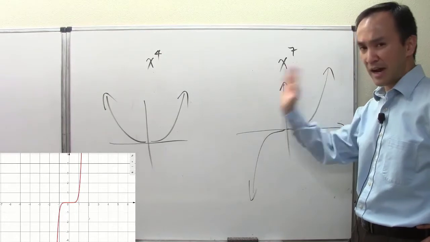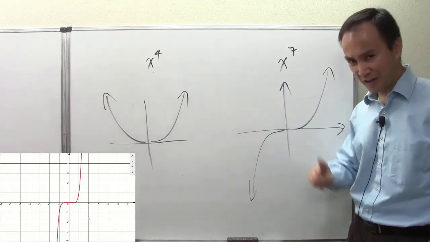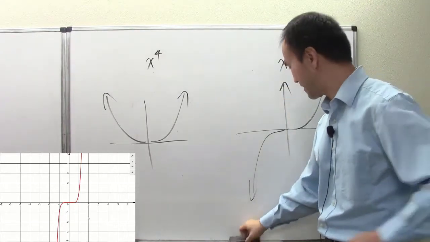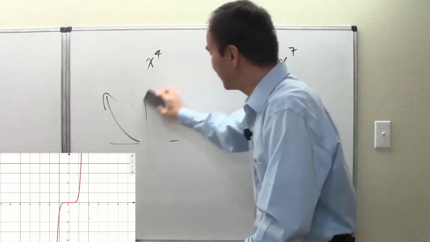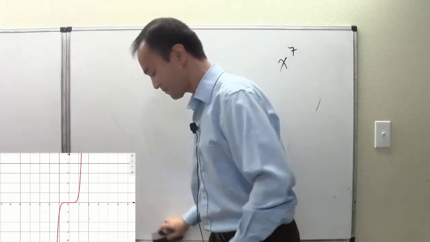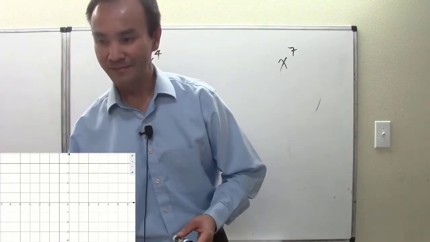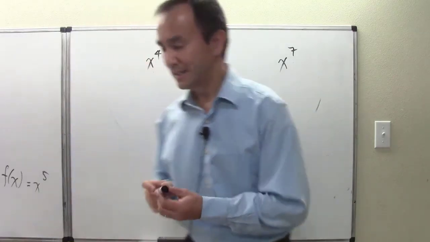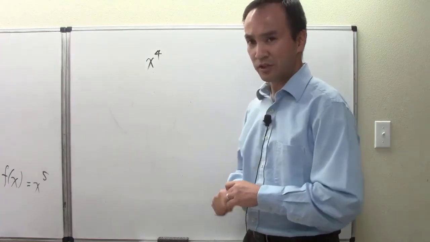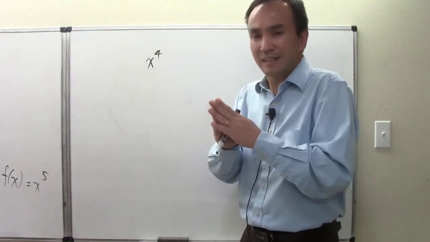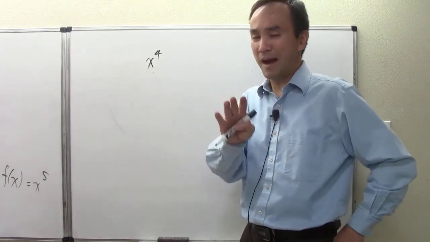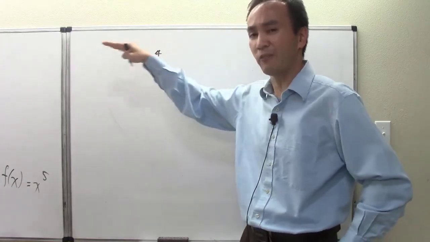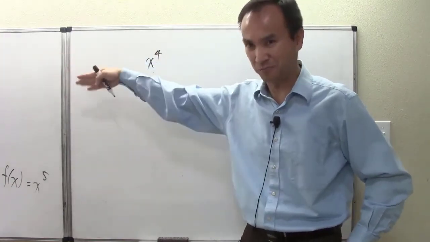But I'm not intending to repeat what we have already learned. Let's look at something like this. So now I'm going to erase the graph right here. This is what I want to look at. The formal study of power functions with odd or even powers already stops right before this point.